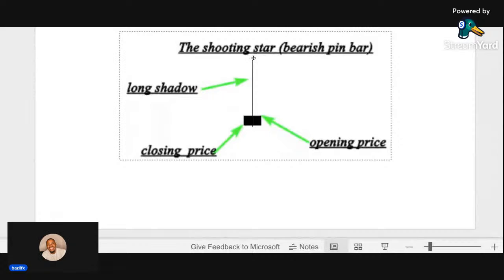Of course, the sellers brought the price back down to close as this. So when price rejects all this, it's the sellers that have brought the market back down.